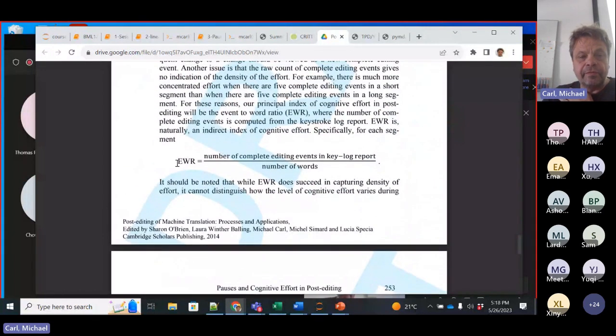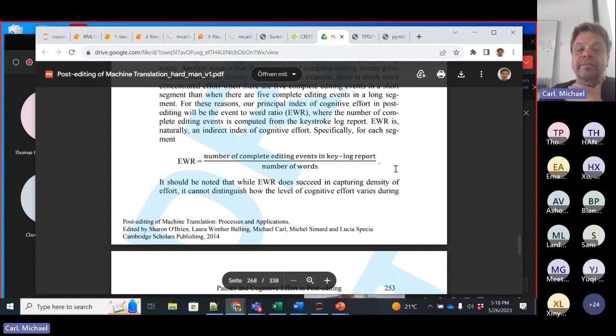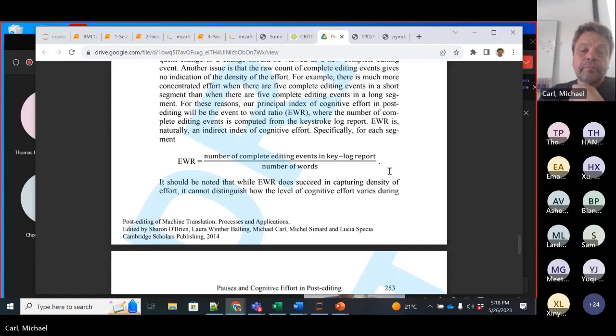Okay, so the first measure is the number of complete editing events in the keylog report by number of words. So we assume that there is maybe a piece of text, a sentence, or an entire text, or a paragraph, or something like this.